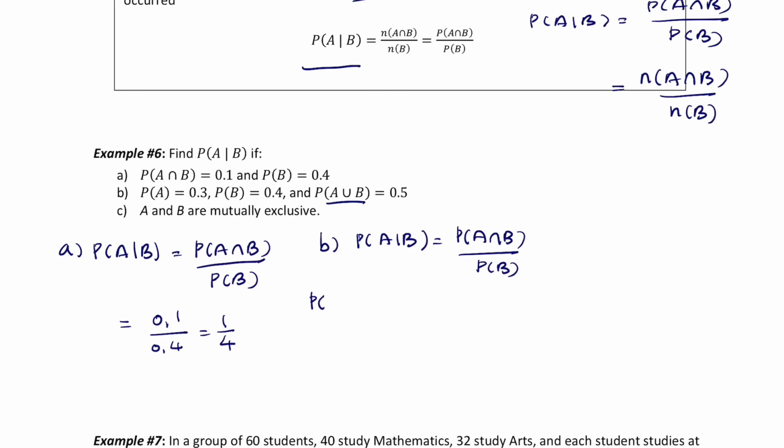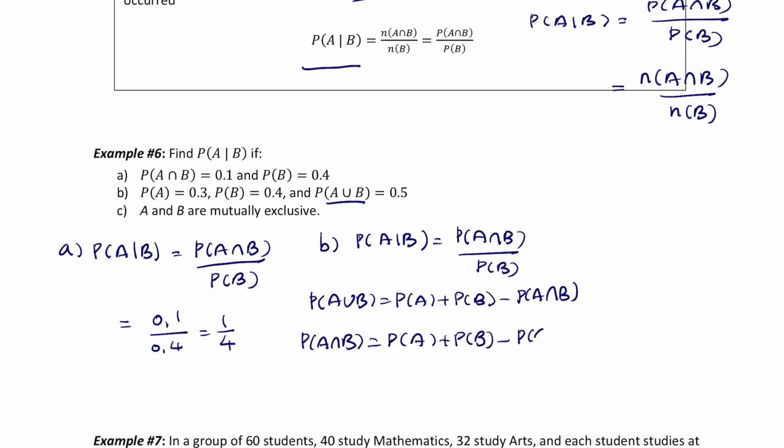So let's just use the formula P A union B is equal to P A plus PB minus P A intersect B. Then we can say that P A intersect B is the same as PA plus PB minus PA union B. So this is the same as 0.3 plus 0.4 minus 0.5, which equals 0.2.